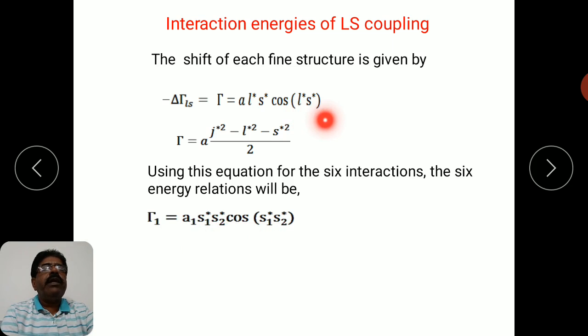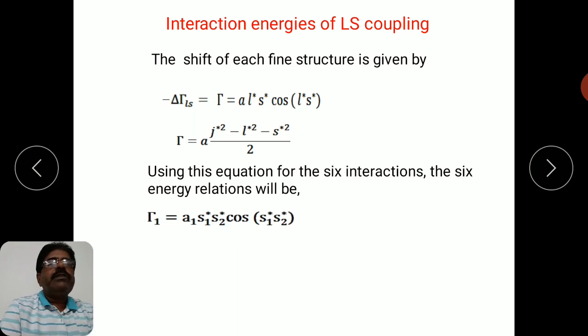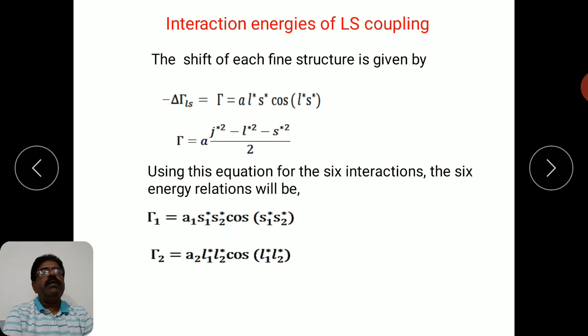So this is the first kind of term shift, the first out of the six possible interactions.